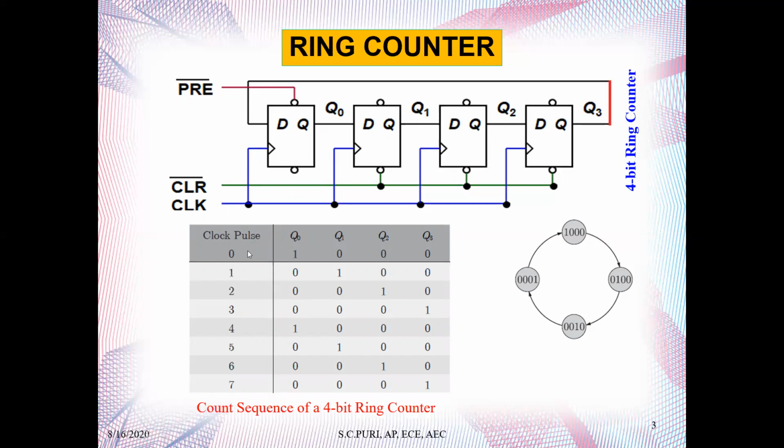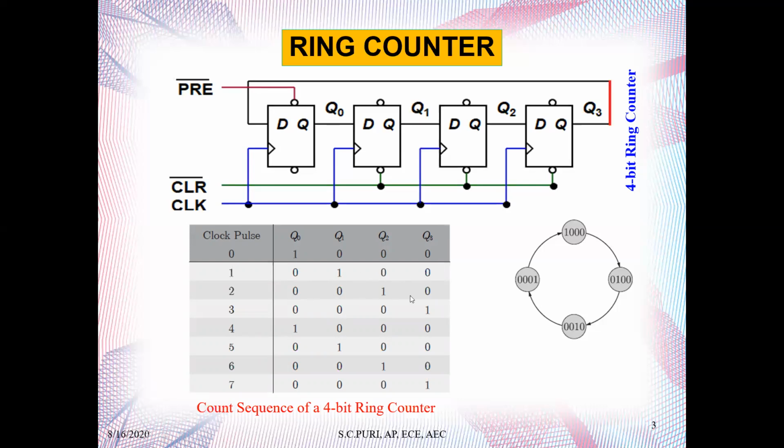What happens when there is 0 clock pulse? When there is 0 clock pulse, there is only a 1 and all zeros. When there is the first clock pulse, what will happen? The 0 will be stored here, but as a 1 was stored before, this 1 will transfer to the next flip-flop, and it will be 0 1 0 0.